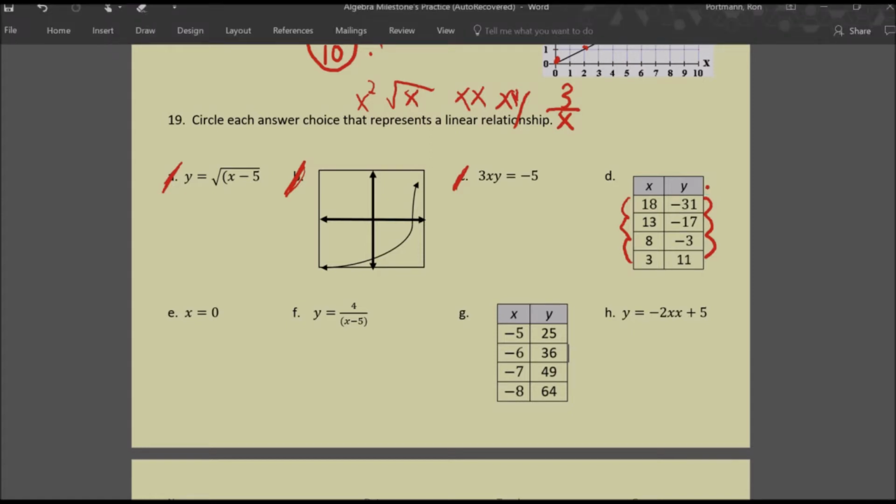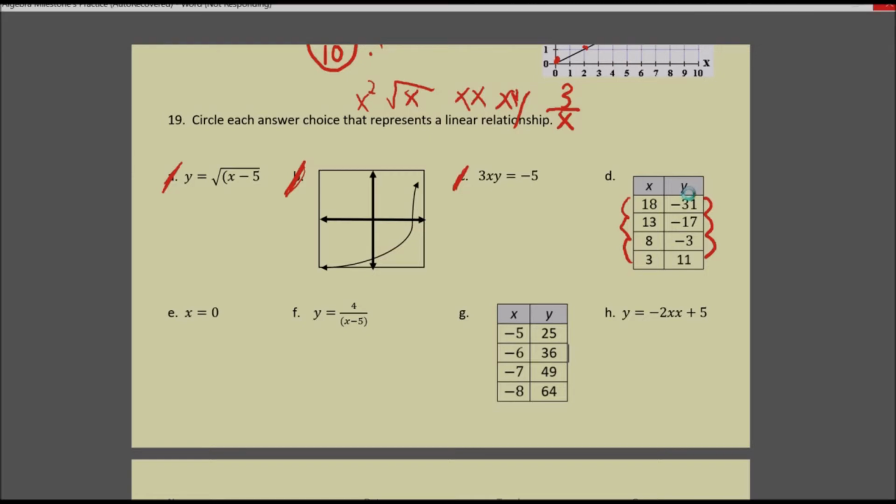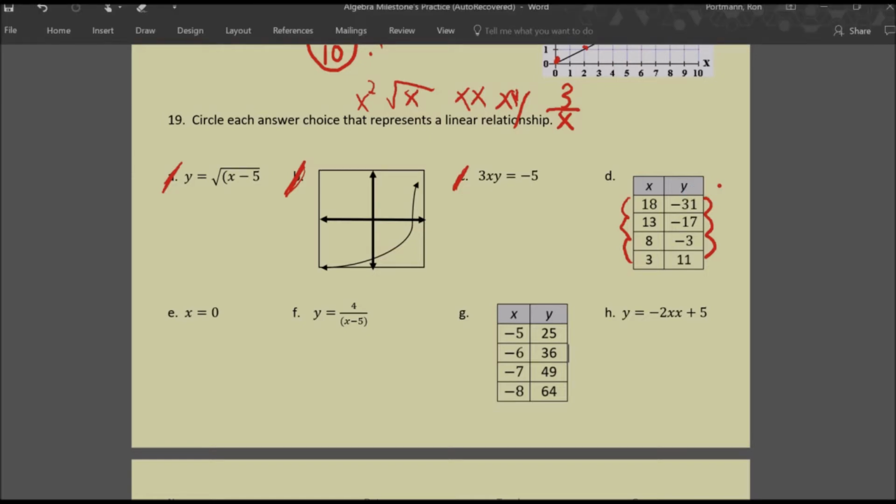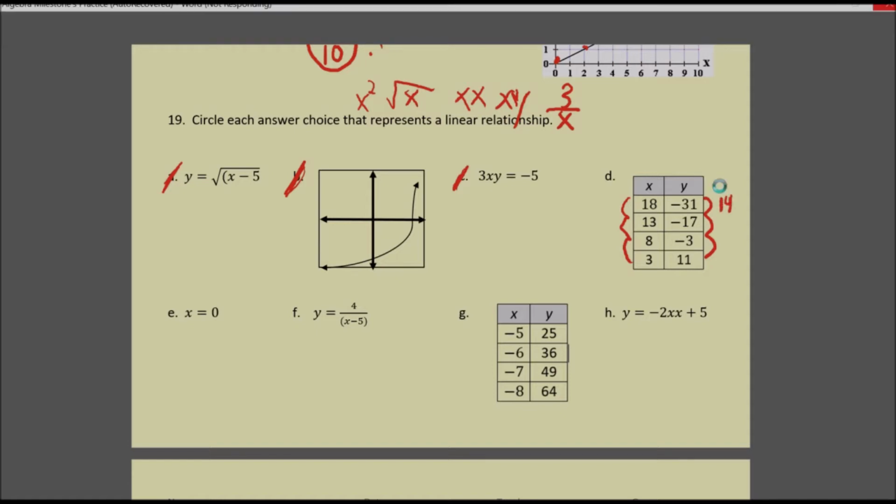So we're going from the change in y, that's -31 to -17. You are going up by 14. From -17 to -3, again, you're going up by 14. And then from -3 to 11, you're going up by 14. So the change in y is constant throughout the whole thing. You're going up by 14 each time.